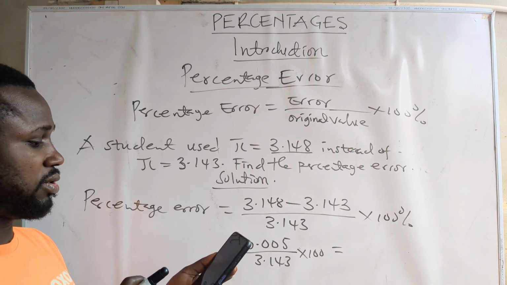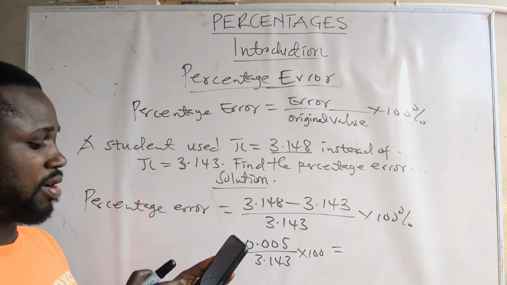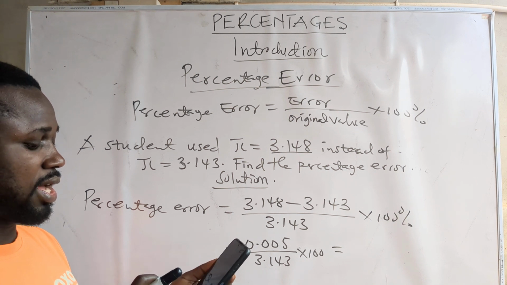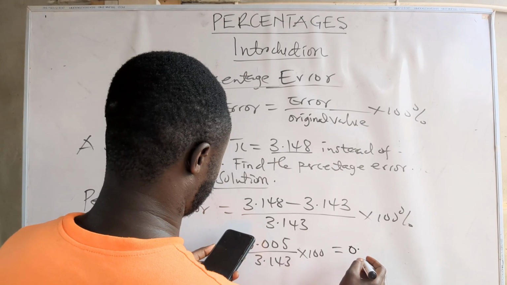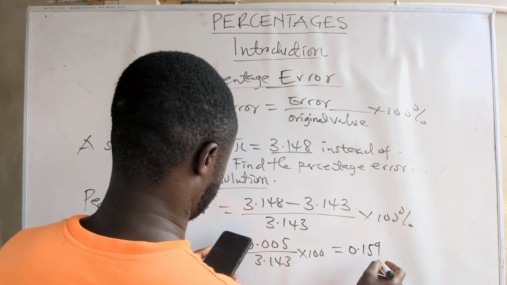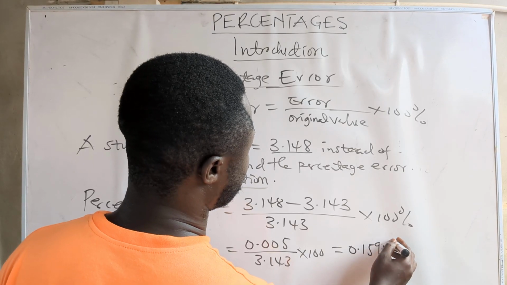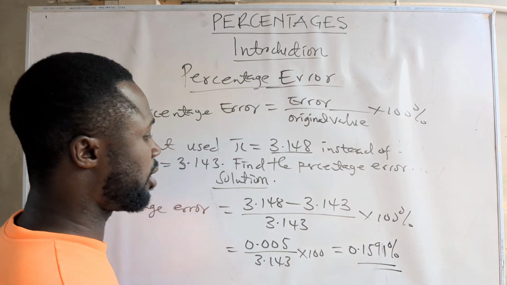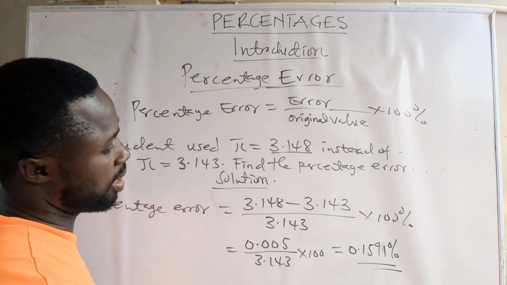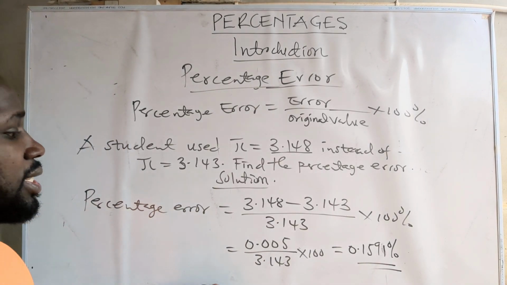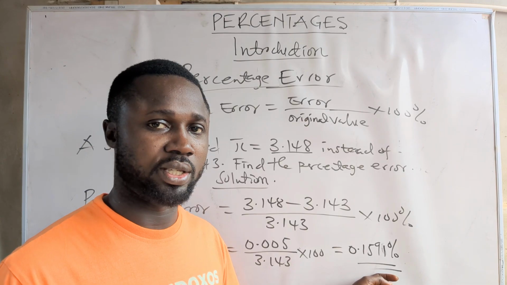So 0.005 over 3.143 times 100 will give us 0.1591%. So in terms of percentage, this is the error that was made.